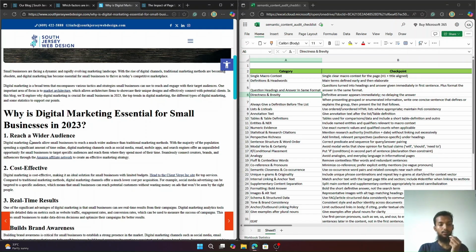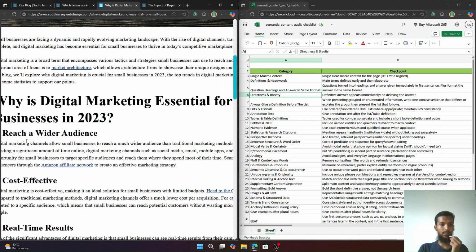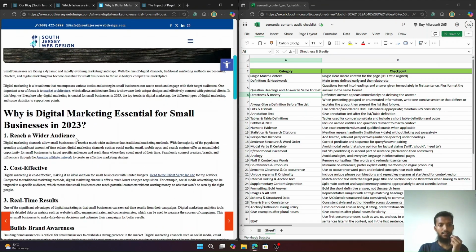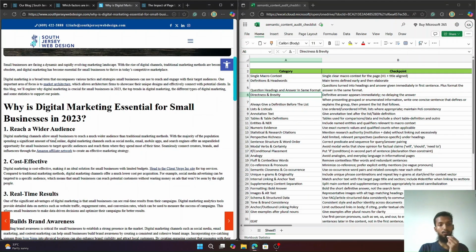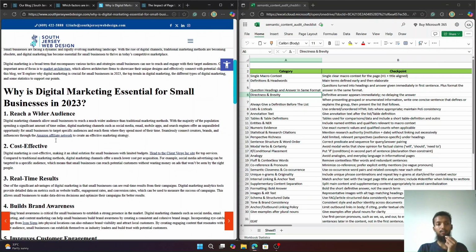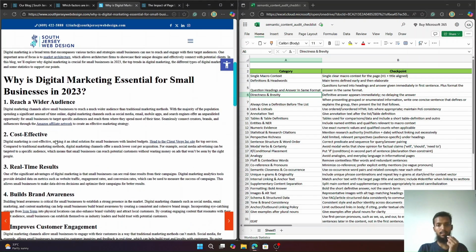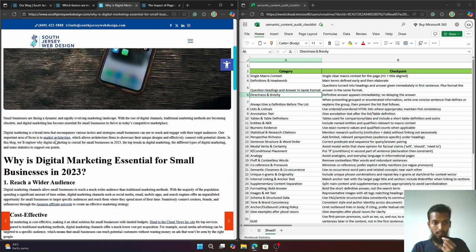So they could do it in a more direct way, but they started with "digital marketing channels allow this and that," and did not define it in the first sentence. But in semantic SEO or in the Koray framework, we try to define everything in the first sentence and then elaborate based on that. And then always give the definition before the list.